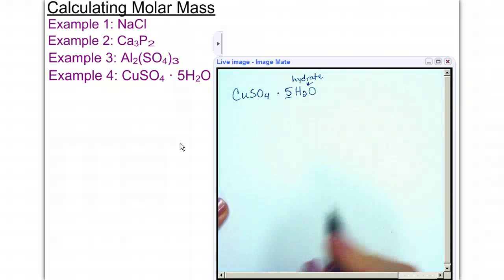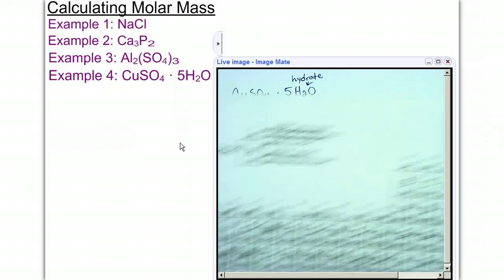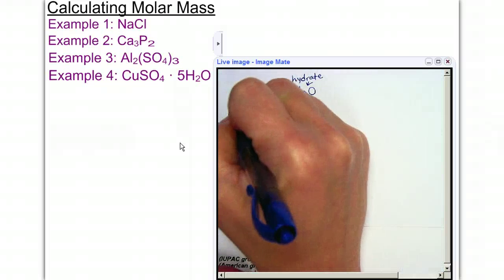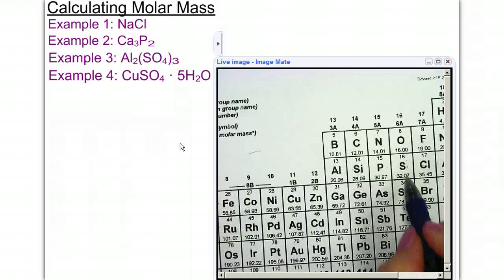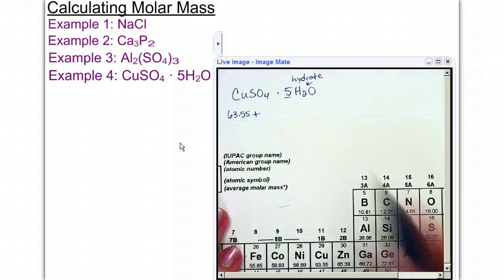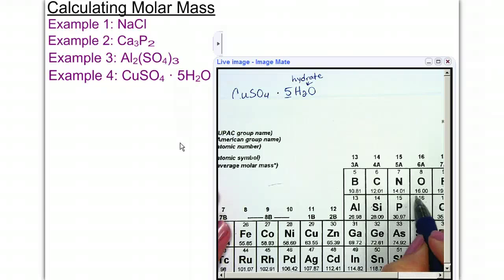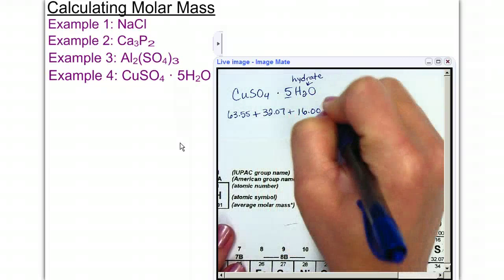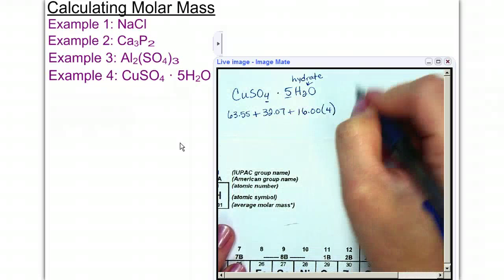Okay, so I have 1 copper, so copper is 63.55, plus sulfur is 32.07, plus oxygen is 16.00. I'm going to multiply that times 4 because I have 4 oxygens.